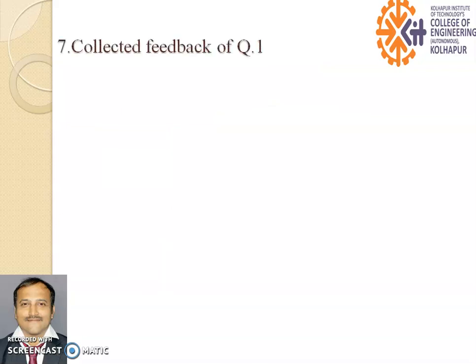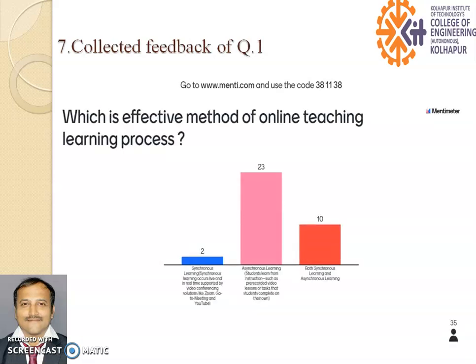Then collected feedback on question number 1. You can see here 35 students from SY BTech of my particular subject gave this feedback, where you can see which is the effective method of online teaching learning process. Out of 35 students, 2 students responded for synchronous learning, 23 students responded for asynchronous learning.